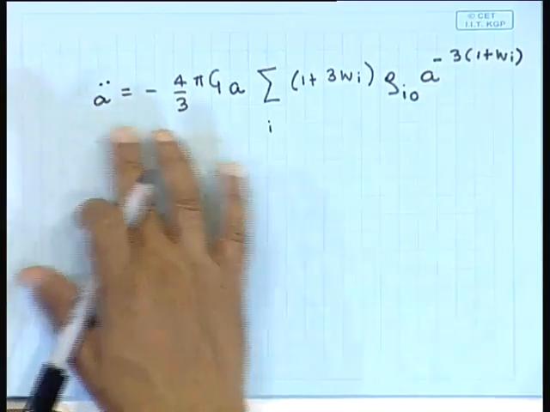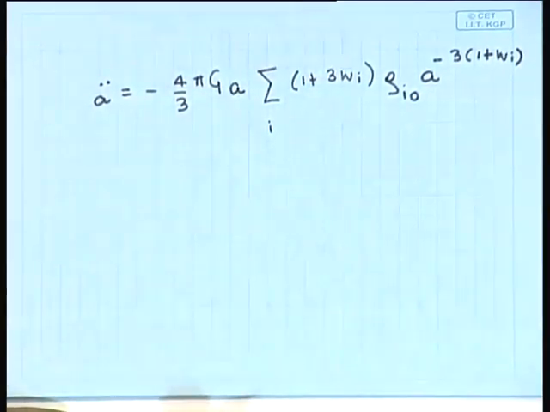Okay, so now we have an equation which has only one unknown function of time.